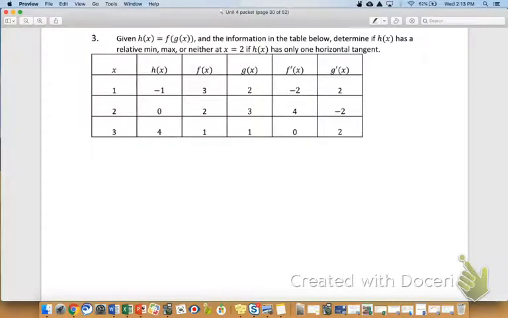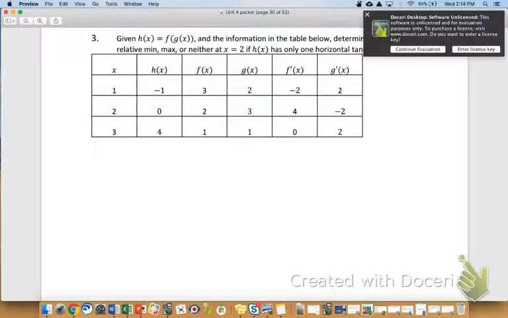So h of 1 equals f of v. So v of 1 is 2. f of 1 equals f of 2. f of 2 equals 2. h prime of 1, f prime of 1 is not... Oh, it's f prime.